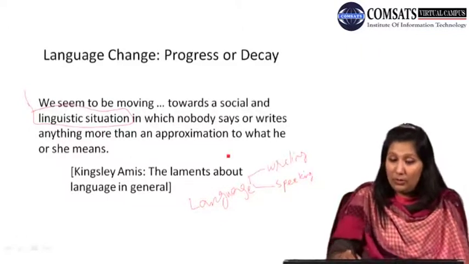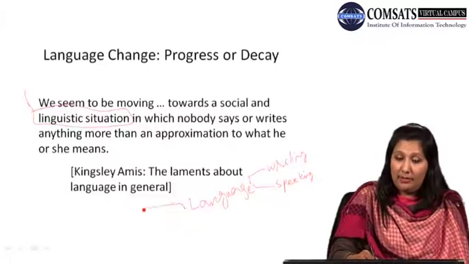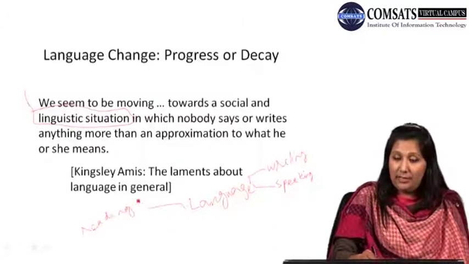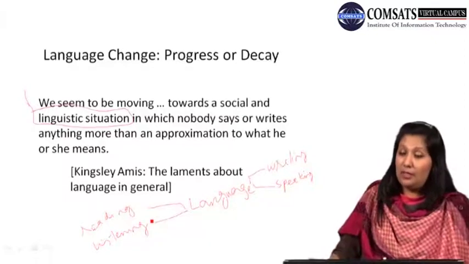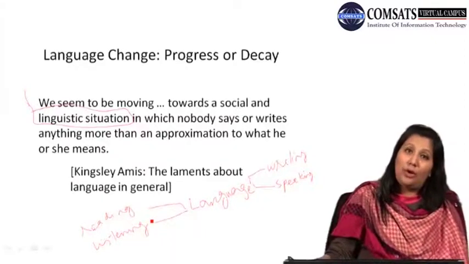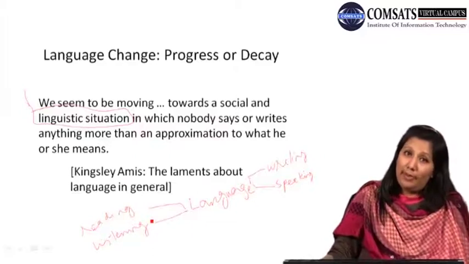We are also at the same time talking about the reading of language, as well as the listening of language, where we have to listen. So language is an overall phenomenon.